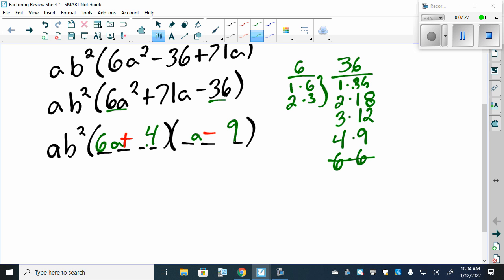So let's try it. 6a times 9 is negative 54 plus negative 50a. Well, that doesn't work.